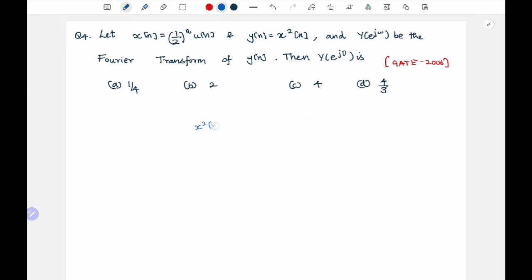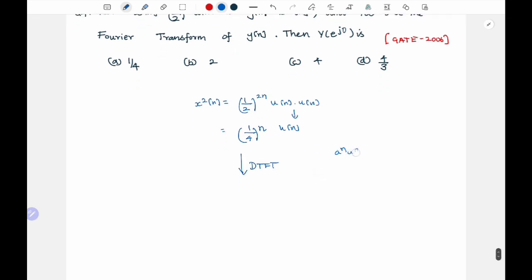So your x square of n is nothing but 1 by 2 power 2n u of n into u of n. U of n into u of n is going to give you u of n itself. And this is nothing but 1 by 4 power n. So for this you know your DTFT. So a power n u of n has a DTFT 1 by 1 minus a e power minus j omega.